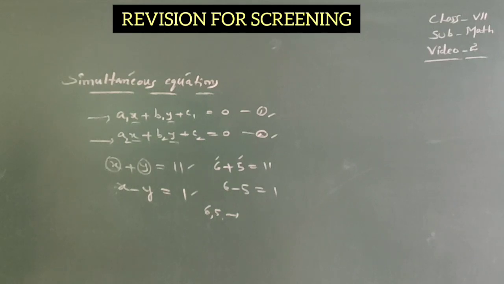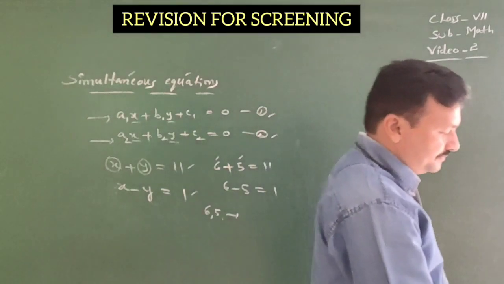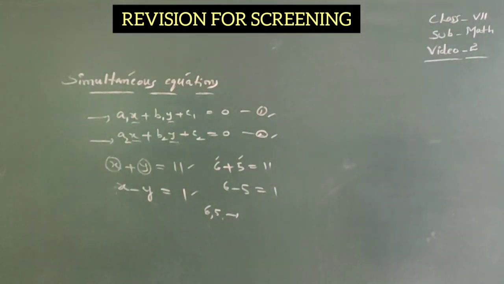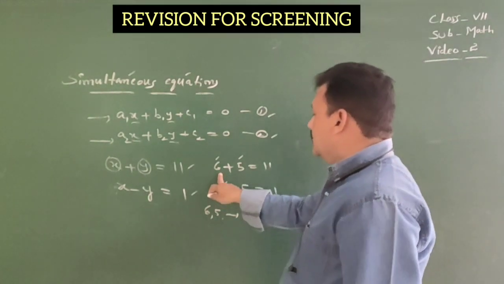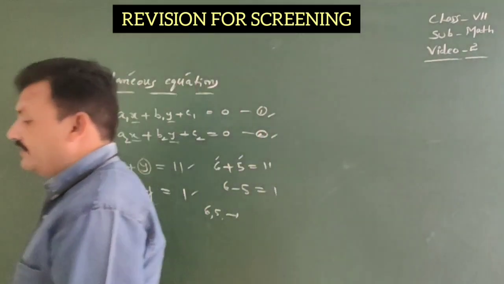First of all, the values of the variables satisfy both the given equation. That's why the given system is said to be simultaneously linear equation, because the values of the variables satisfy both the given equations, means satisfy the given system.